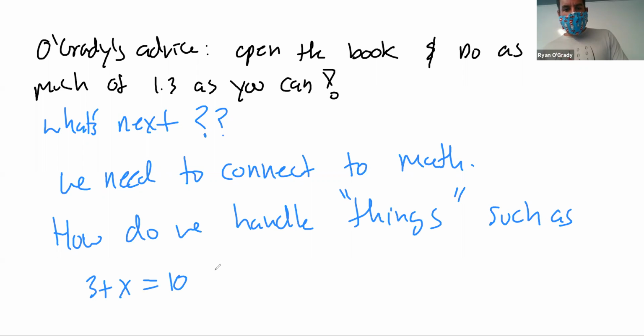Well, we know that it's going to be true in some scenarios, and false in others. So how do we quantify or put context around when it's true and when it's false?